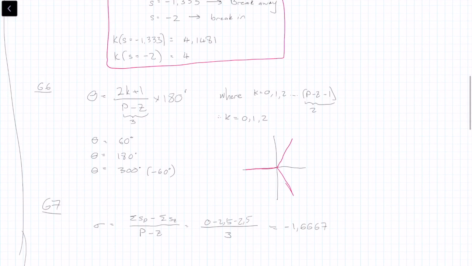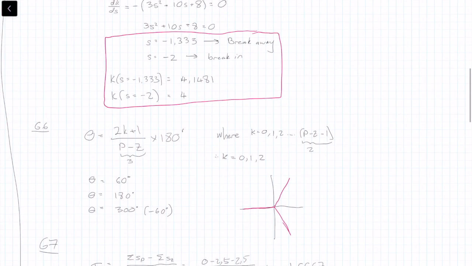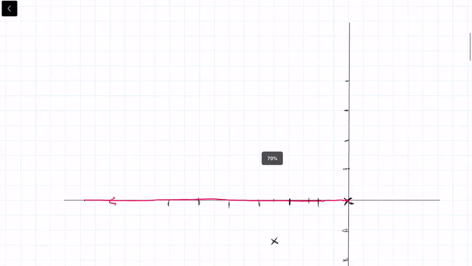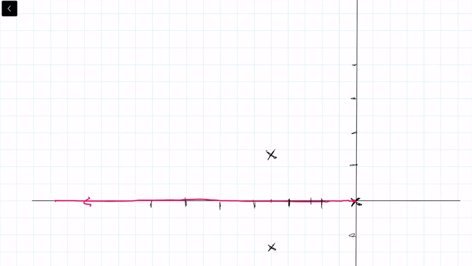So let's go and put in our asymptotes. So minus 1.66, let's say, is right here. Okay, so along that we have 180 degrees, so that's along this line, which you can't really see, but it's along there.